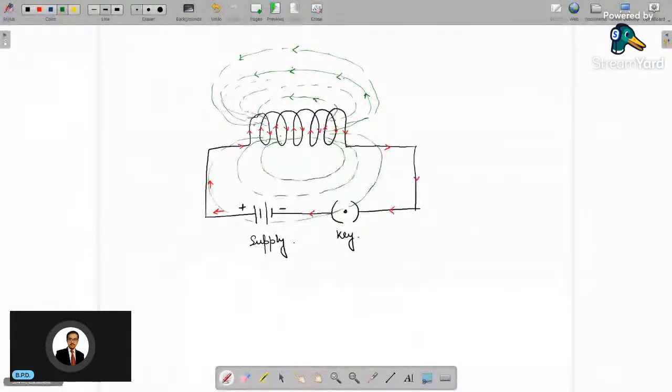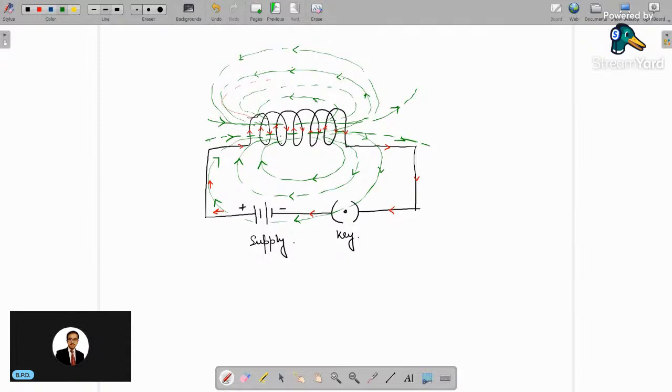Okay, and this will be like this. Okay, so basically in between, lines will be entering from this end and will be exiting from that end.